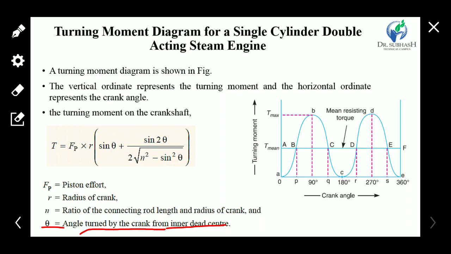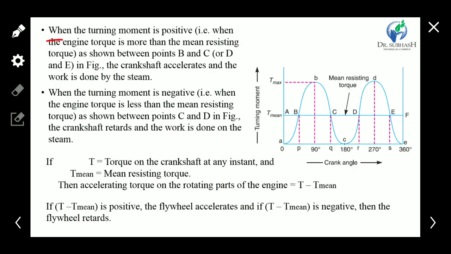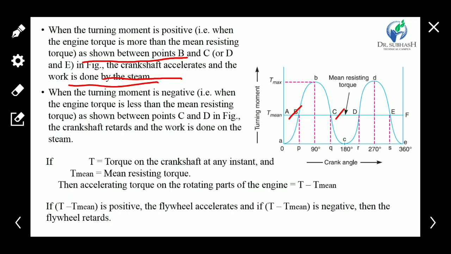Now see that when the turning moment is positive, as shown between points B and C, the crankshaft accelerates and work is done by the steam. So the engine torque is more than the mean resisting torque.